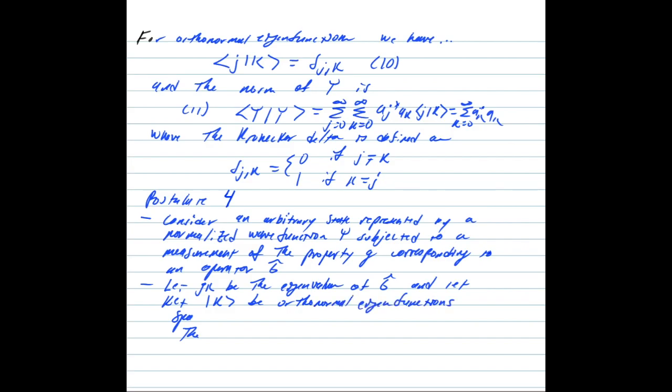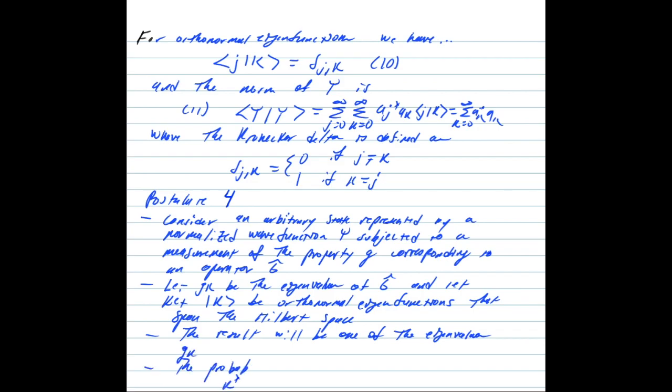The result will be one of the eigenvalues g subscript k, and the probability of getting a particular g subscript k is the complex conjugate of a subscript k multiplied by a subscript k, where a subscript k is equal to bra k ket psi.